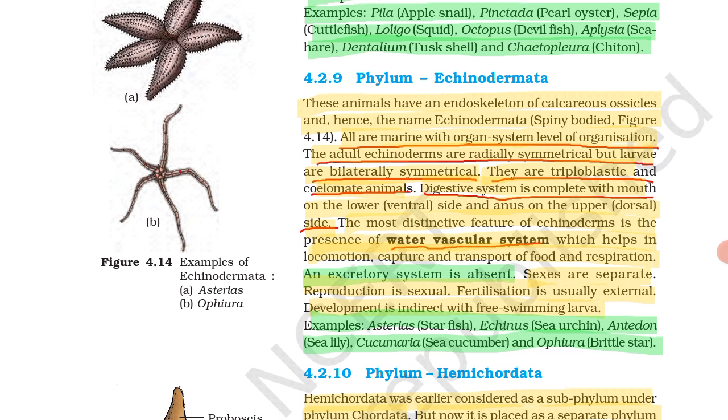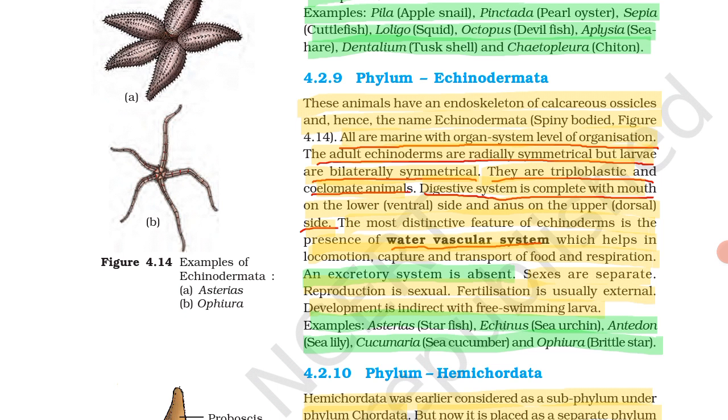The female releases eggs, and after that the male releases sperms in water. Fertilization away from the body, not in the body, is called external fertilization. And development is indirect with a free swimming larva.